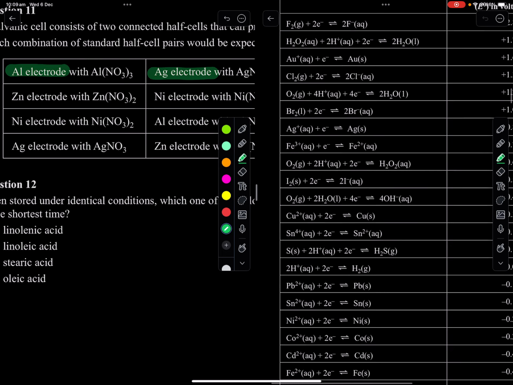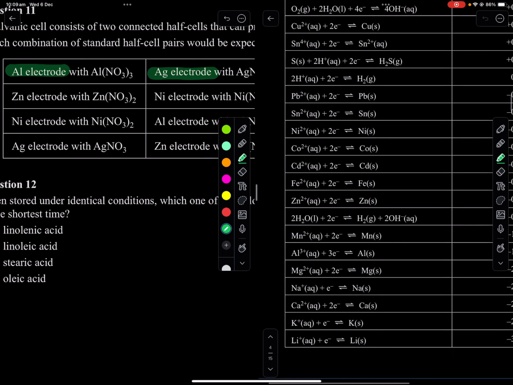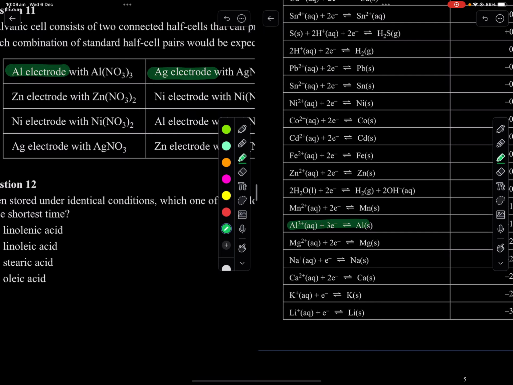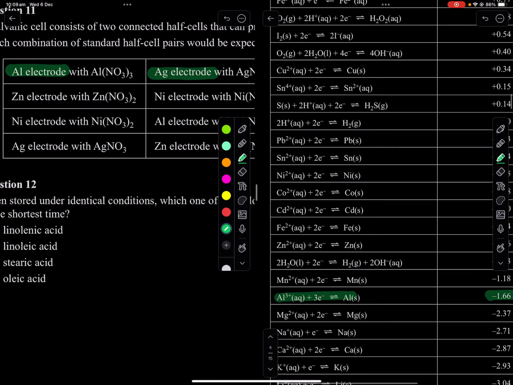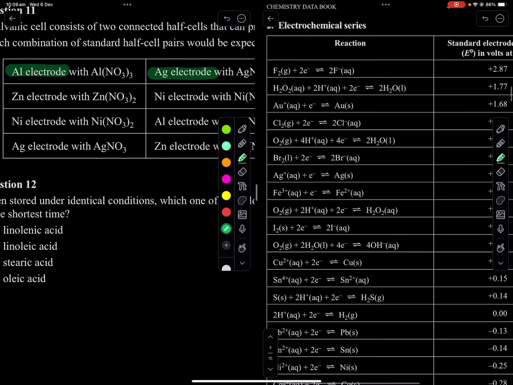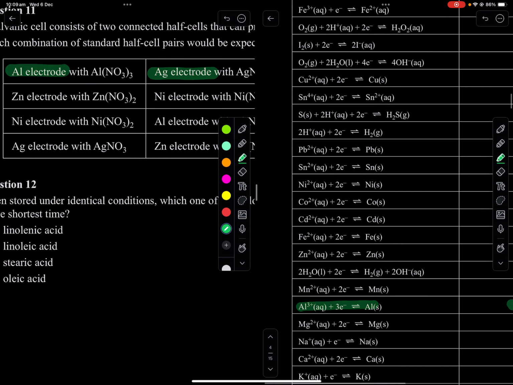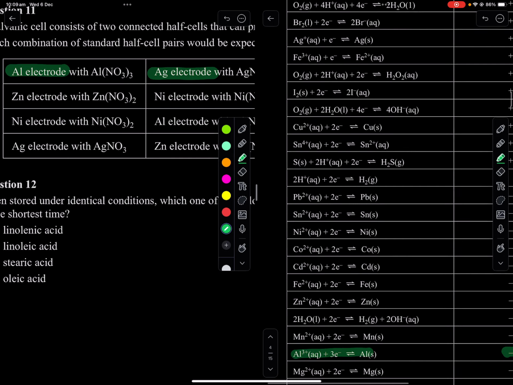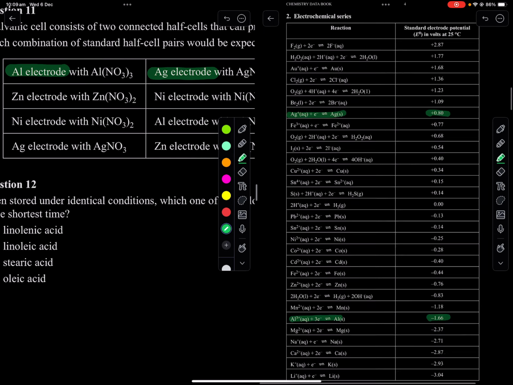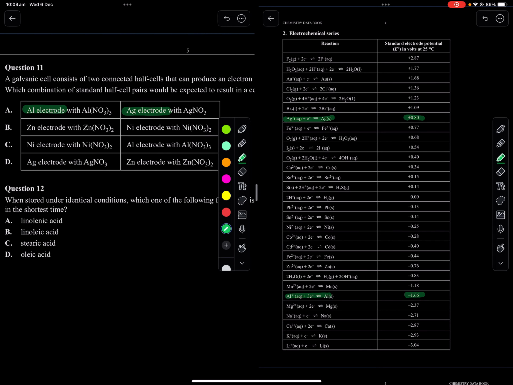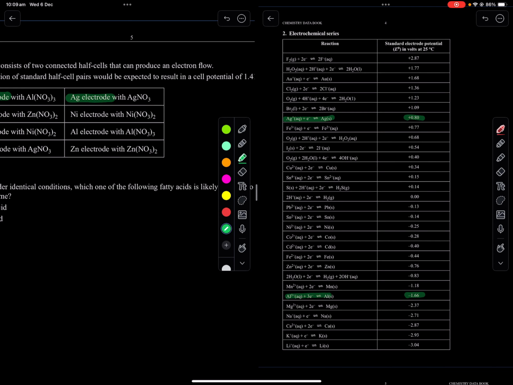So where is Al? Al is over here, and it's reacting with Ag. Where is Ag? Let's go from the top to bottom. Ag is over here. To get the overall cell potential, we always do the top minus the bottom.